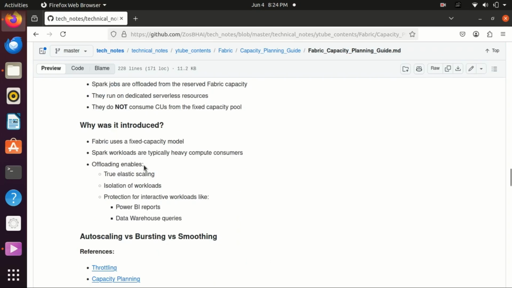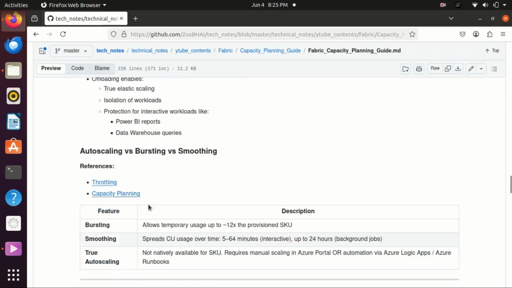So now let's talk about scaling. Fabric follows a fixed capacity model. For example, if you provision an F2 SKU, that means your allocated capacity is F2. Fabric does not automatically switch from F2 to F64 and then switch back after processing completes.